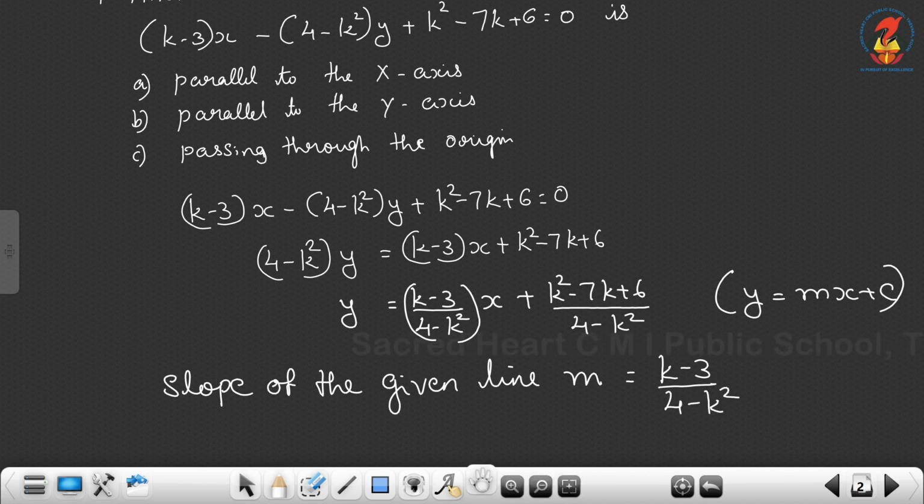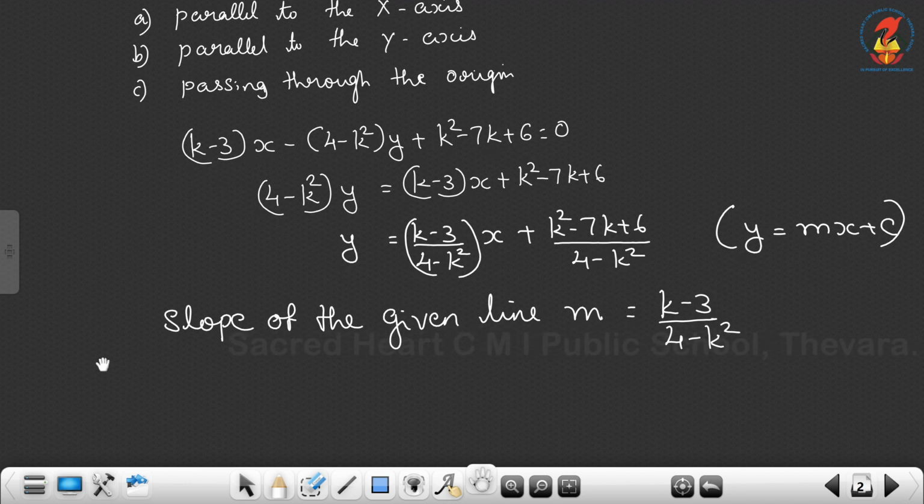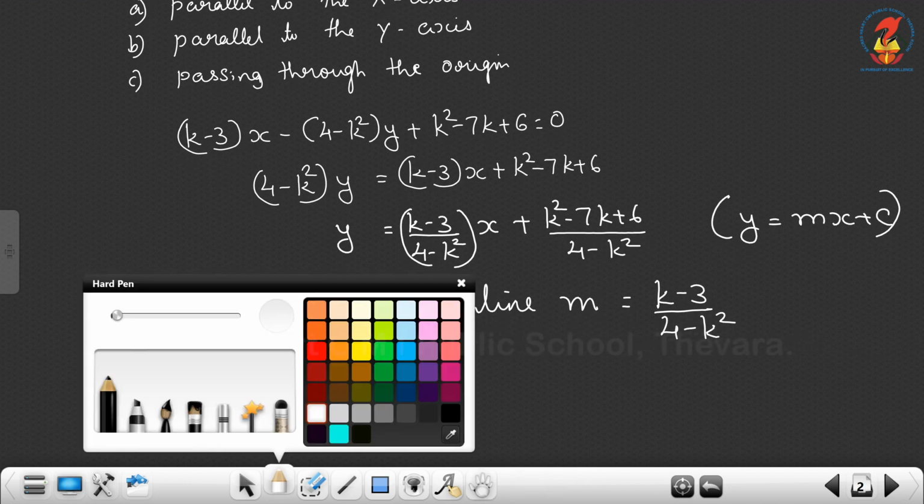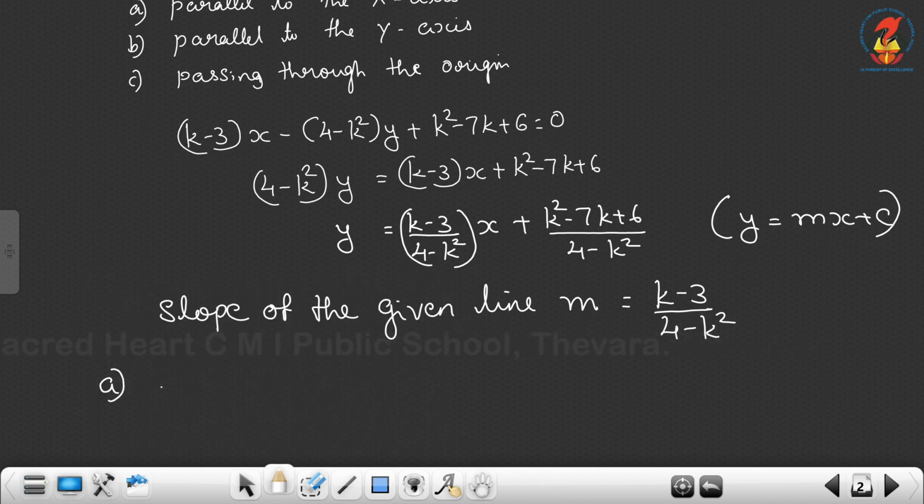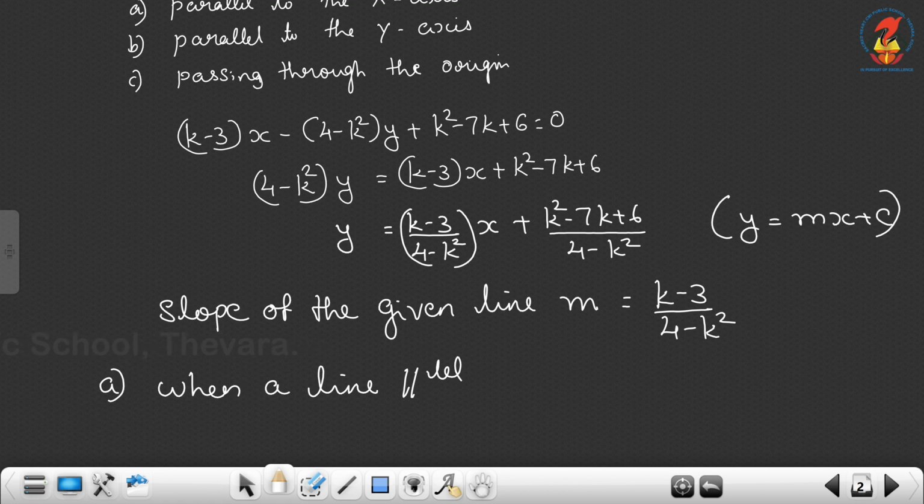This is the slope of the given line. Now, the first case is the line is parallel to the x-axis. When a line is parallel to the x-axis, the slope is equal to 0. So, m is equal to 0.